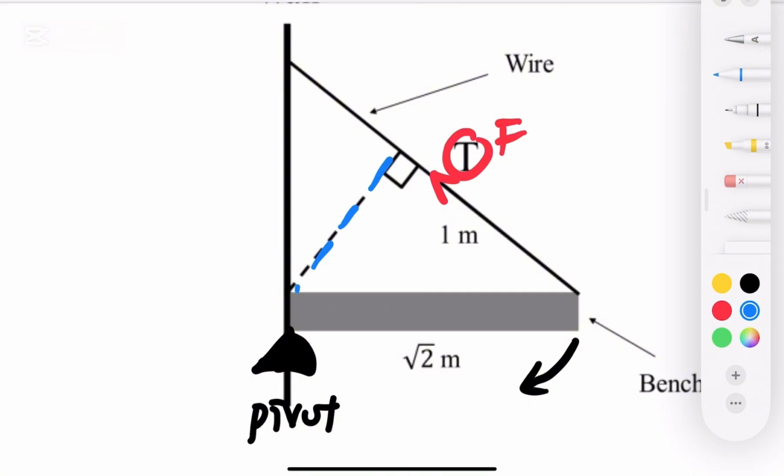How do I know that? Again, as usual, I locate the force with a green arrow. I extend my line of force with dotted lines. Then I identify the blue line perpendicular to it that extends to the pivot. So that is the perpendicular distance that I need to find out.